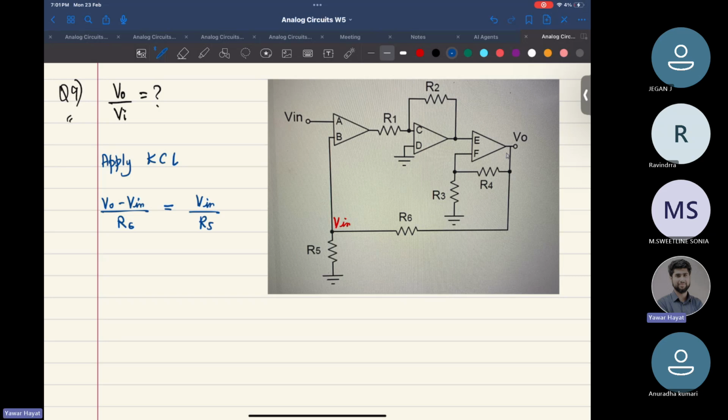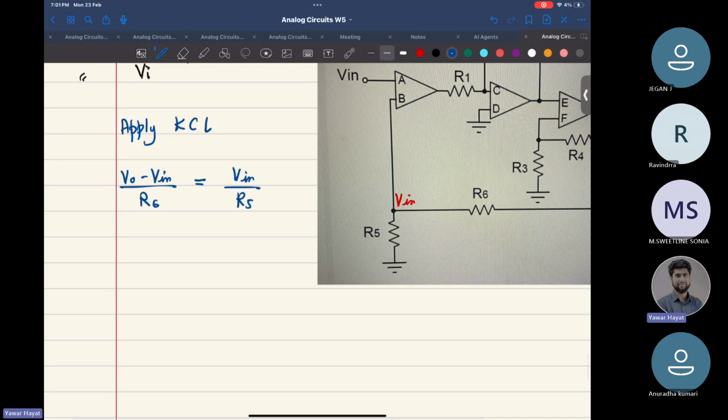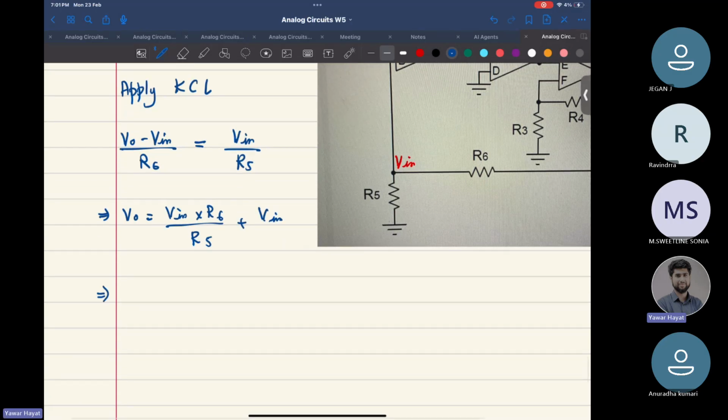But we are interested in VO by V in, right? So let me mathematically manipulate this equation. So V output would be V input into R6 whole divided by R5 plus V input, right? So that would give us that V output by V input is how much? 1 plus R6 by R5.